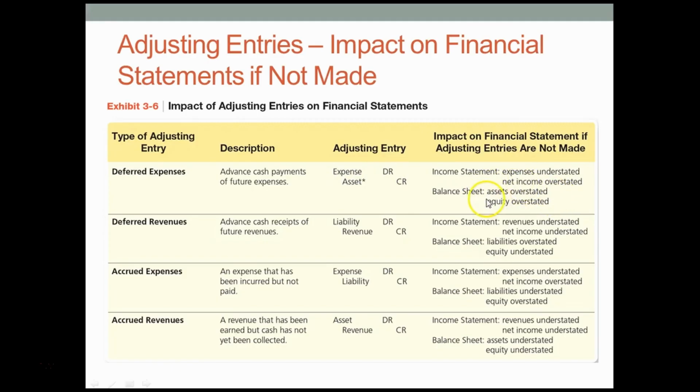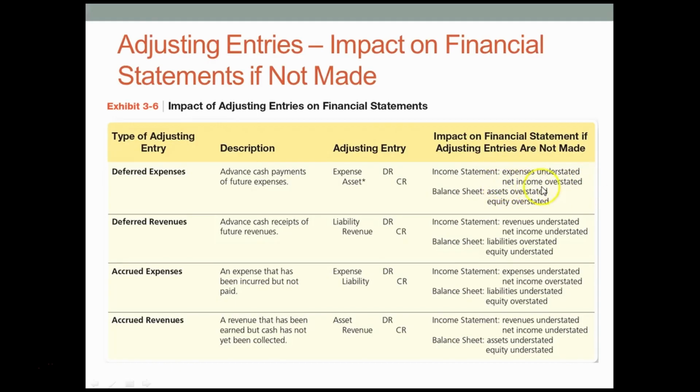And assuming your liabilities are unchanged, if you're overstating your assets, our equation is assets equals liabilities plus equity. So if your assets are too high and your liabilities are unchanged, that means your equity is going to be overstated. And this is related to this net income being overstated because as we learned, when net income flows into the balance sheet, it's captured in ending retained earnings.